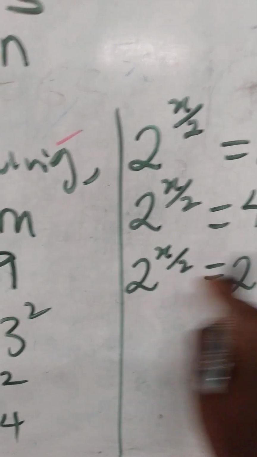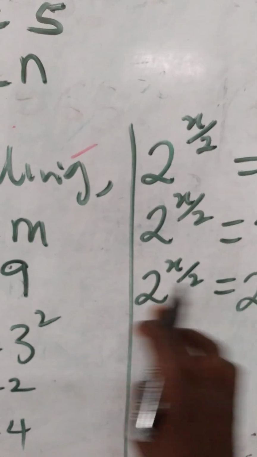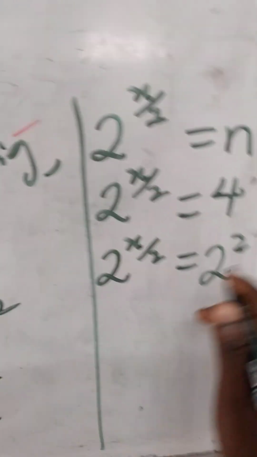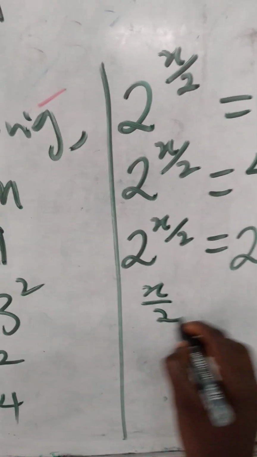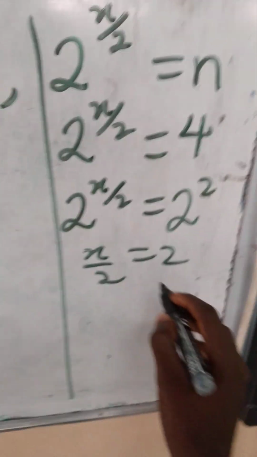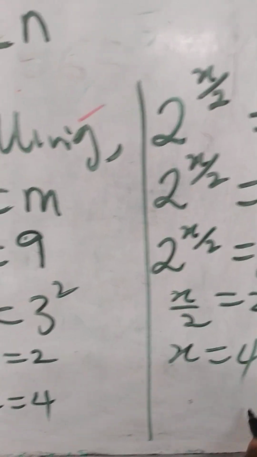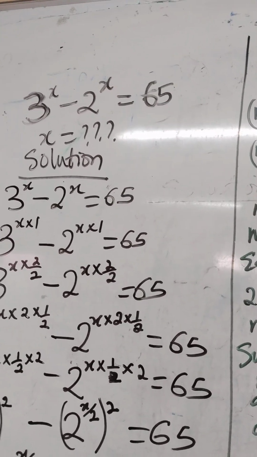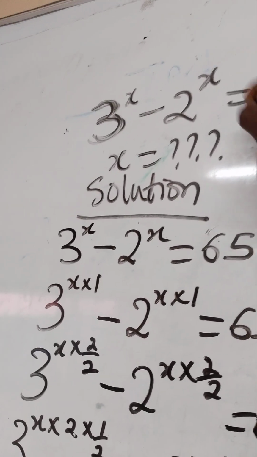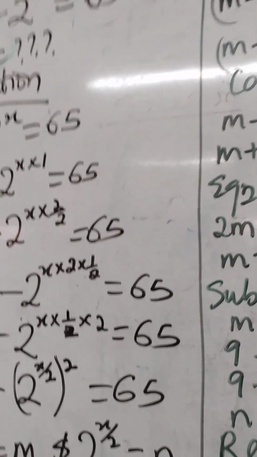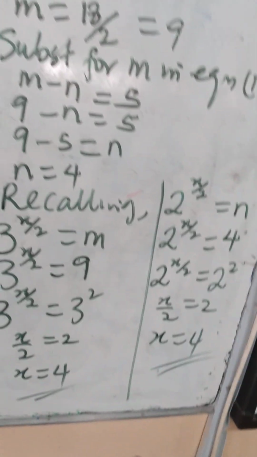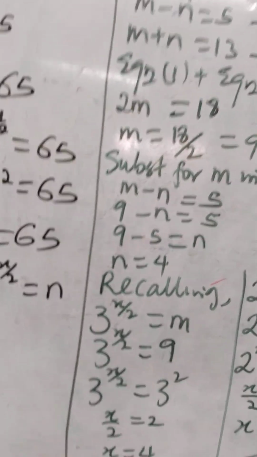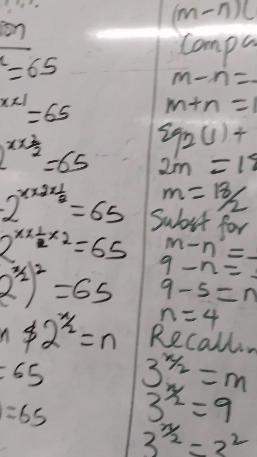Equating the powers, since they have equal base, we have s over 2 equals 2. When you cross multiply, you also have s equals 4, whether this way or this way. Finally, for this particular question, our s equals 4.